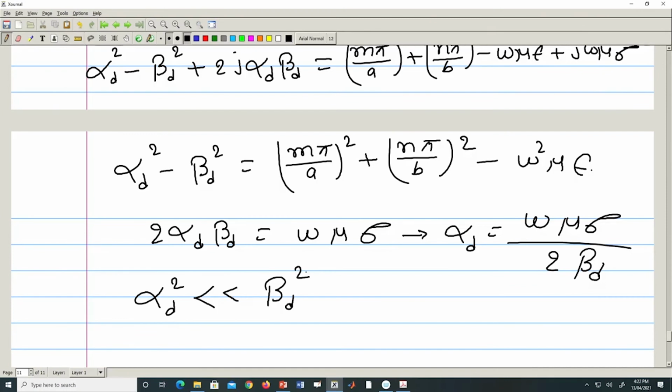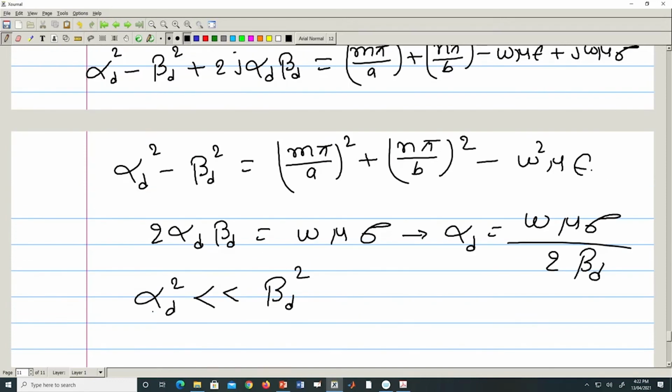We use the waveguide for power flow, to send power from one place to another. So, we can assume that the attenuation constant inside the dielectric is very small, and beta is frequency dependent, so it will be very large compared to alpha d.